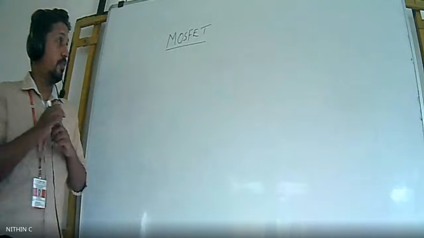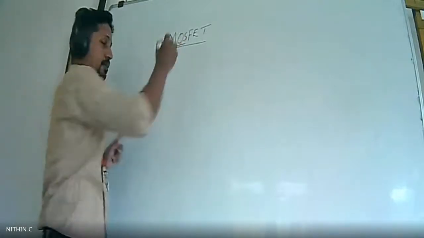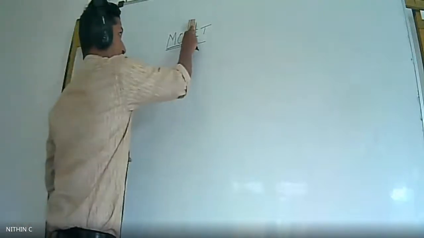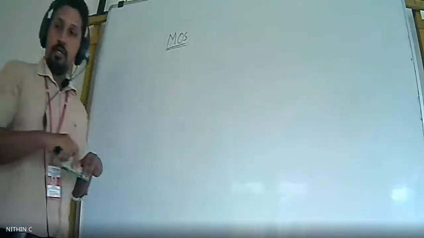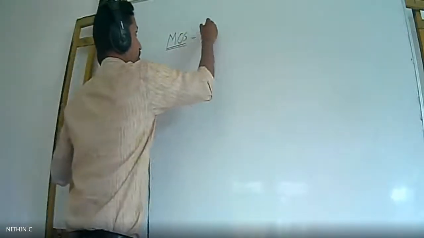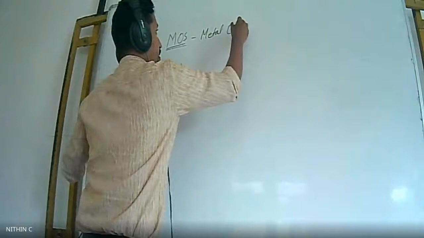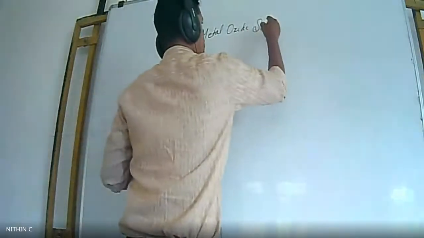So the base factor of this MOSFET, that is what we are going to deal with. That is the MOS. MOSFET we will be studying after discussing MOS, which is metal oxide semiconductor.